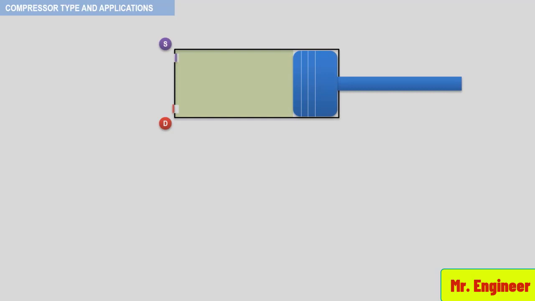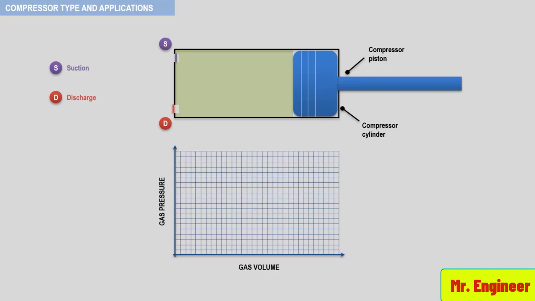So here you have the piston with the compressor cylinder. And here you have the suction valve, and here the discharge valve. The intake pressure or suction pressure is P1, and the discharge pressure is P2. The figure will show in diagram form one complete crankshaft revolution and will encompass a complete pressure cycle.